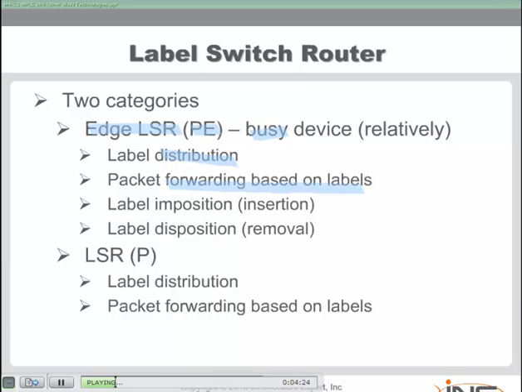They're also putting the label on or taking the label off of the packets. We contrast these to simple label switch routers, not edge label switch routers. We would call these typically provider routers. And all they have to do is forward labels and forward packets based on labels. They are extremely efficient, beautifully efficient devices.